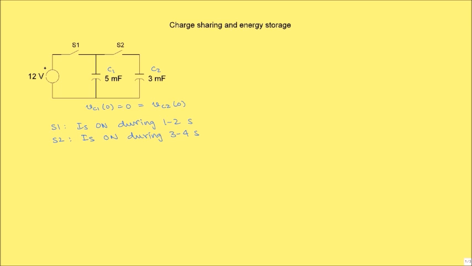Consider now what happens in the circuit during the time interval from 0 to 1 second. During this time interval, both switches are open and none of the elements are connected to each other. As a result, the capacitor voltages remain at 0 for the entire time interval.